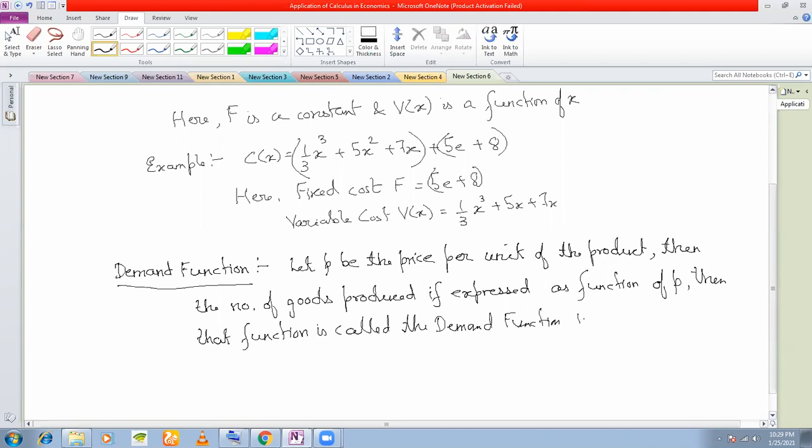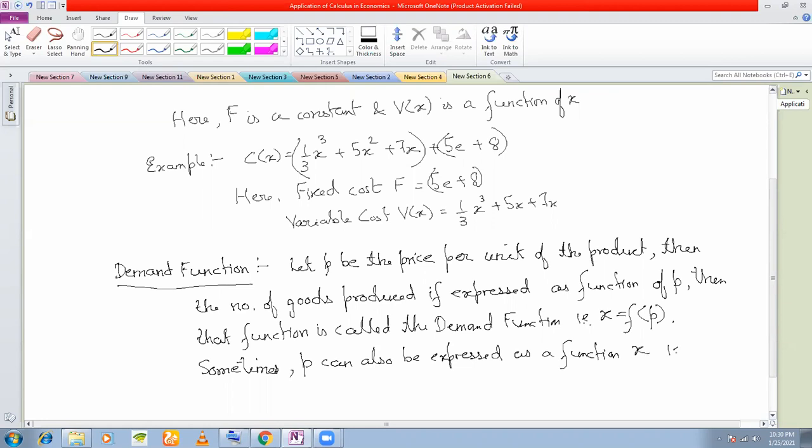That is, X has been expressed as a function of P, right? Sometimes P can also be expressed as a function of X. That is, P is equal to Gx, say.